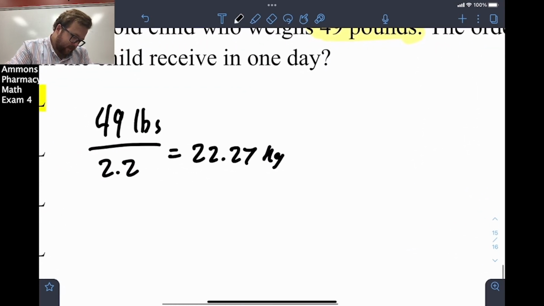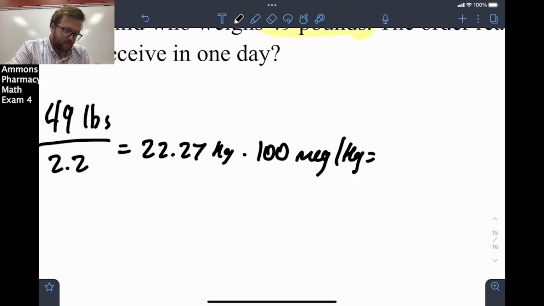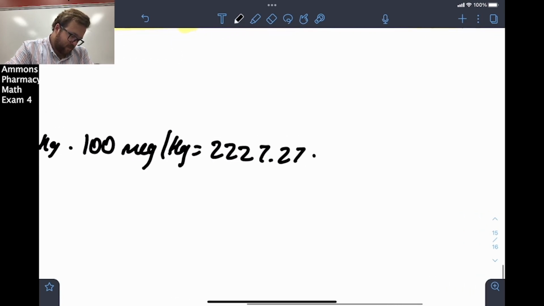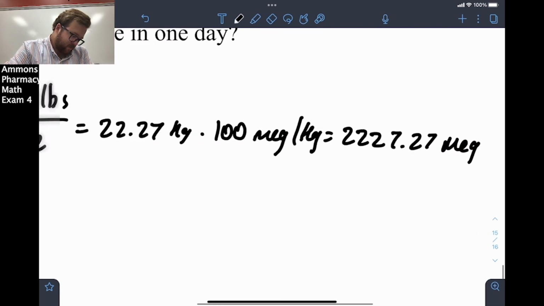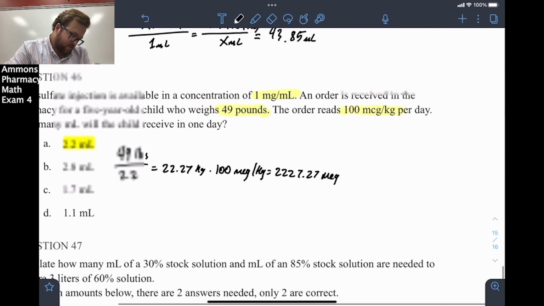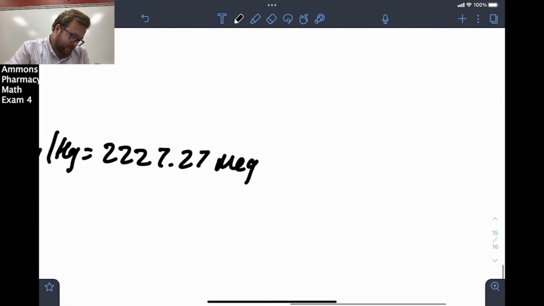100 micrograms per kilogram. We need to go ahead and convert to milligrams because our drug is in milligrams, so we're going to divide by 1,000.